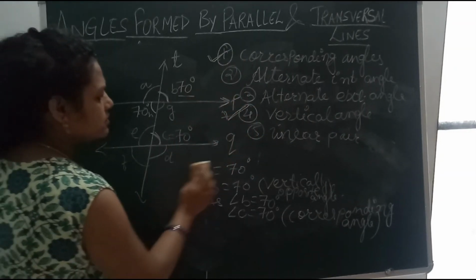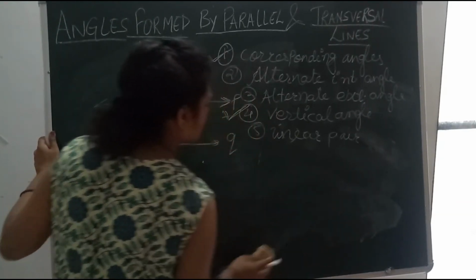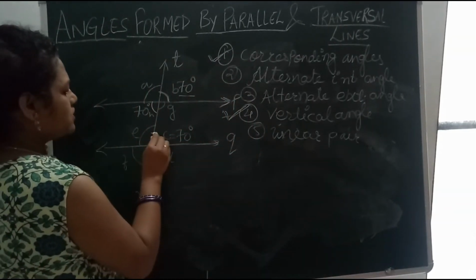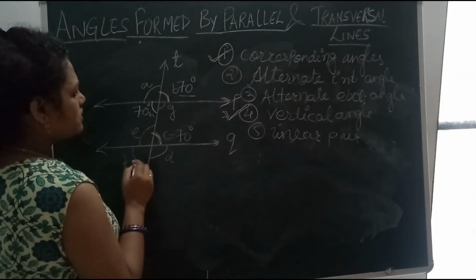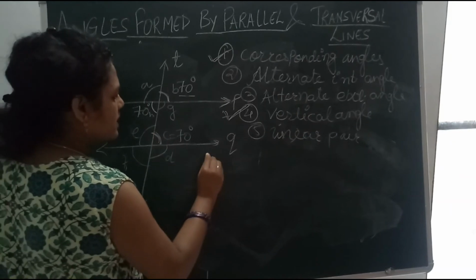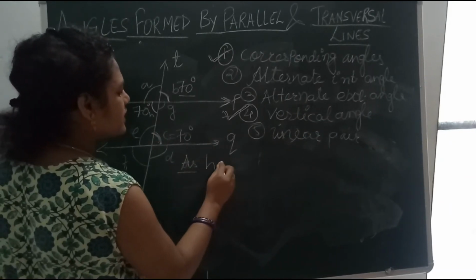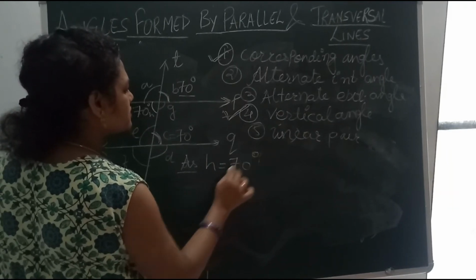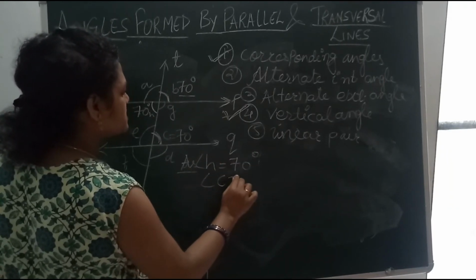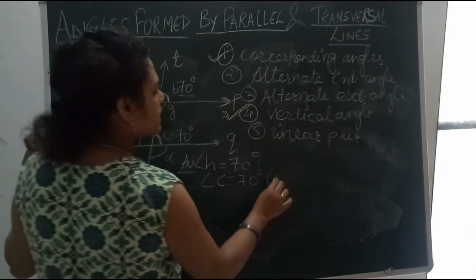Next we will see, so friends, again you can see as H is 70 degrees, angle C again you got 70. It means what?